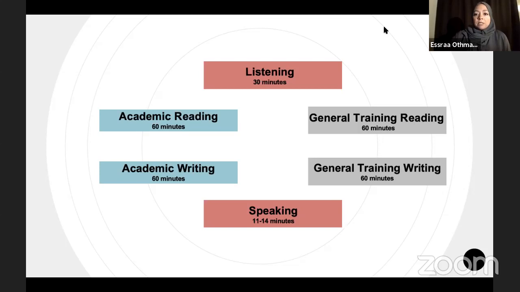And then we have the speaking, which is from 11 to 14 minutes. Now, for the general training, you can see that it's exactly the same time, but the difference would be in the type of topics that you are going to have. So the academic reading and writing are a bit different from the general training reading and writing, and we're going to see how different they are.